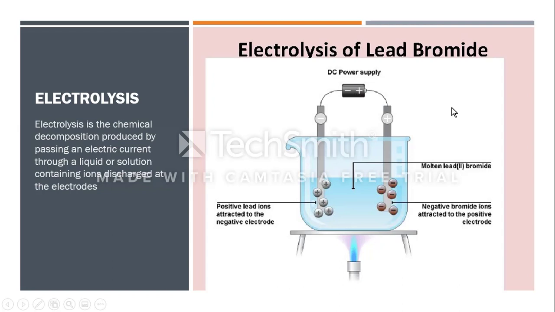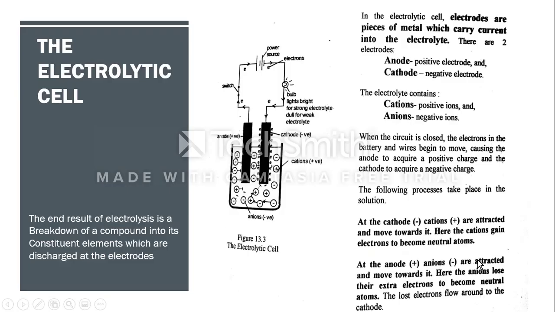So when we run a current through lead bromide liquid or molten lead bromide, we can actually get pure lead and pure bromine. Let's take a look at this entire electrolytic cell.